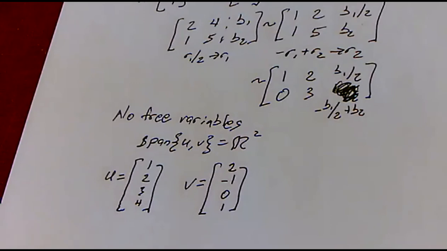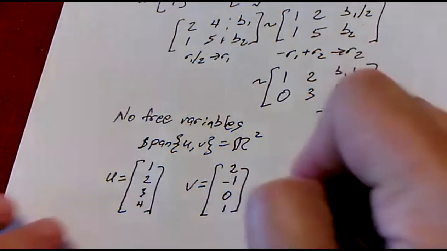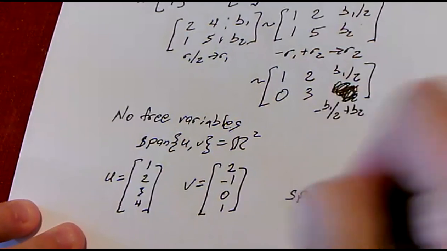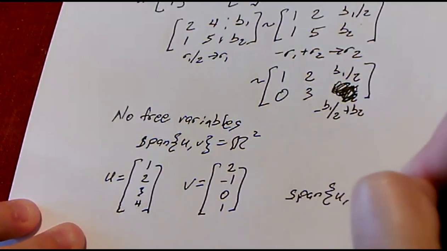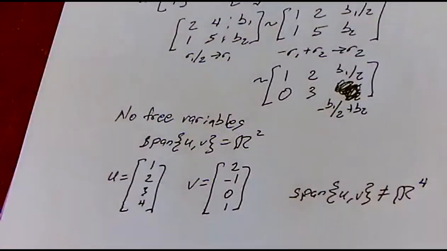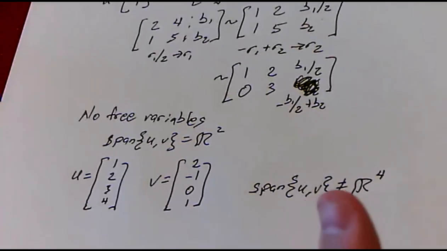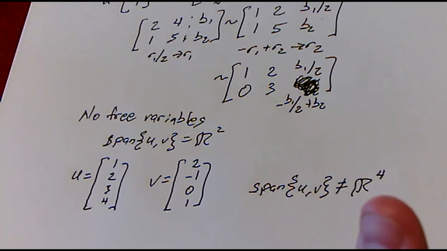Think geometrically: when they went in the same direction, they made just a line. So those vectors don't go in the same direction, but there's not enough of them to be R4. The span of U and V can't be all of R4 because I would need 4 vectors to do that. So you have to have enough vectors.